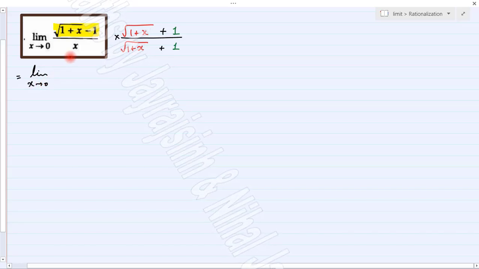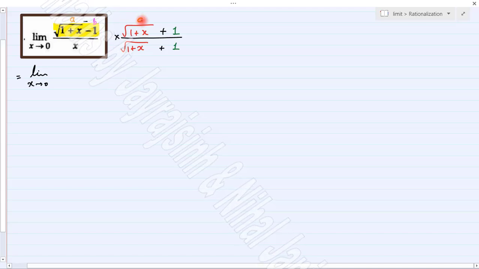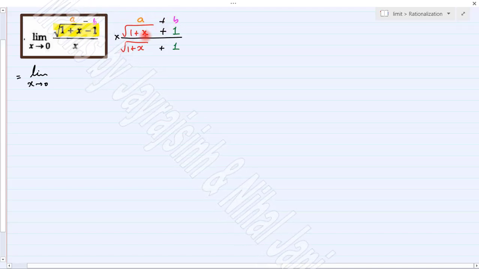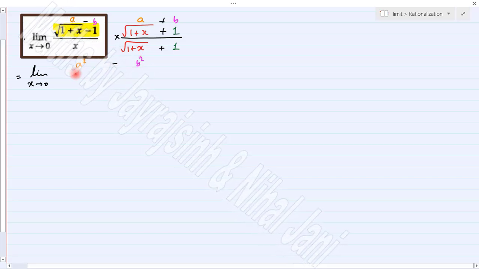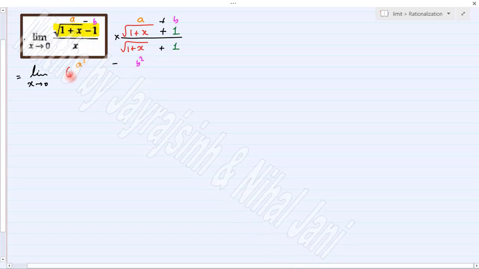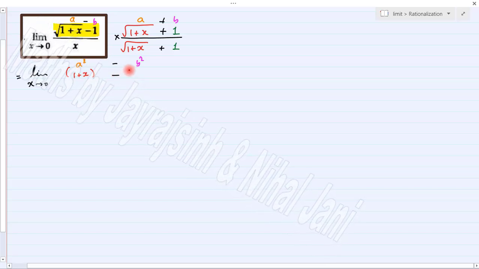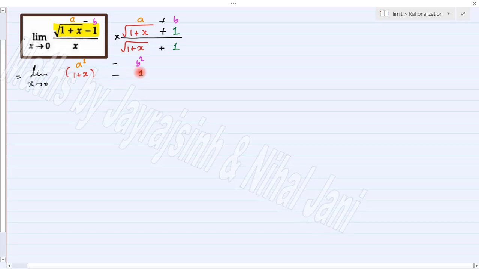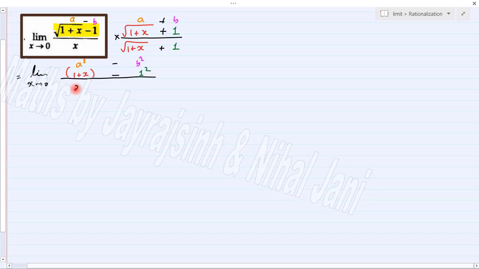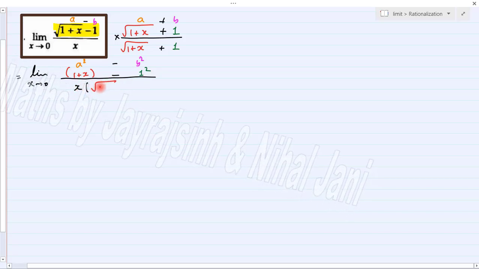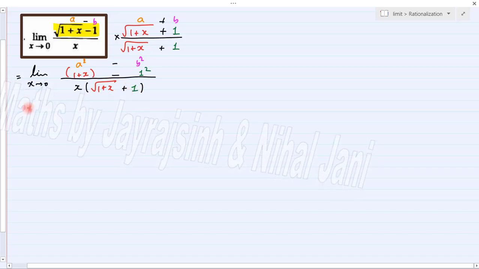In numerator we have a minus b and a plus b form, which will be converted into a square minus b square. So in numerator we will get square of root 1 plus x, or we can say 1 plus x, minus square of 1, divided by x into under root of 1 plus x plus 1, which will remain as it is.